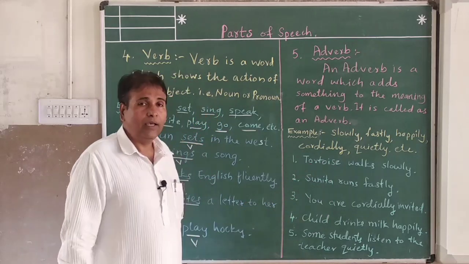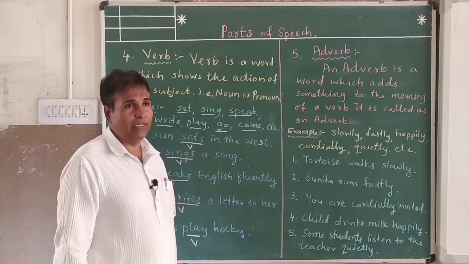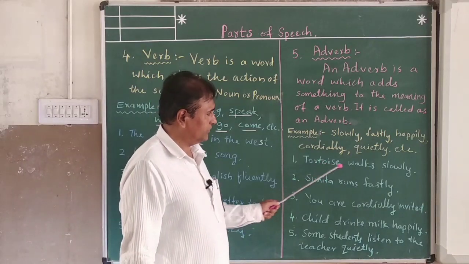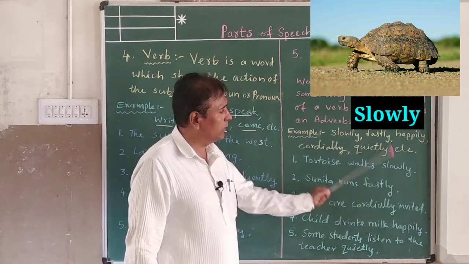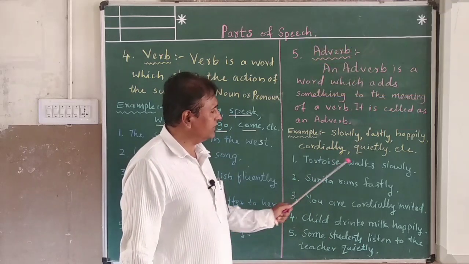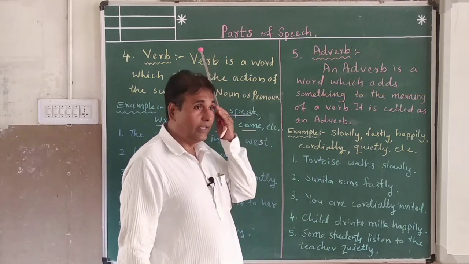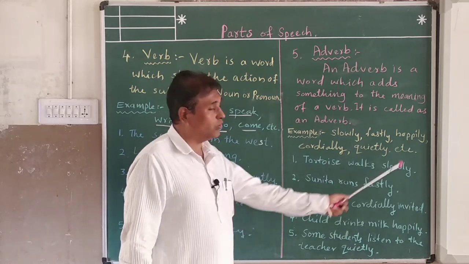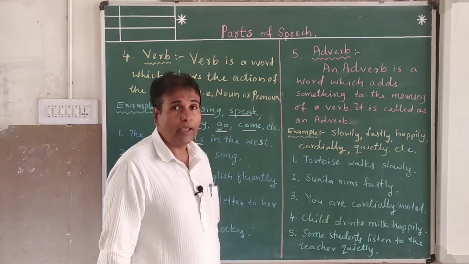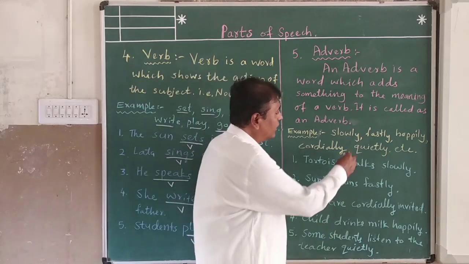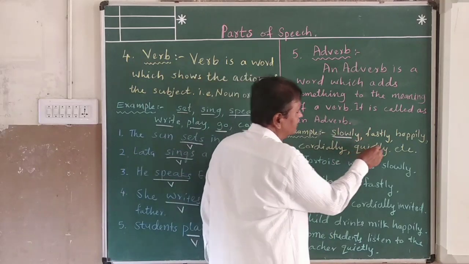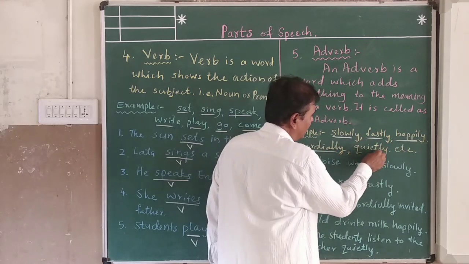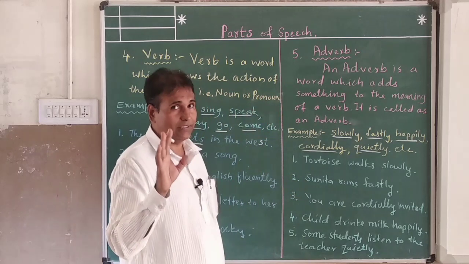Now with the help of examples, we will see how they are used. Tortoise walks slowly. Now we have to find out which one is the adverb. Remember this, these are the adverbs, but many more others are there.